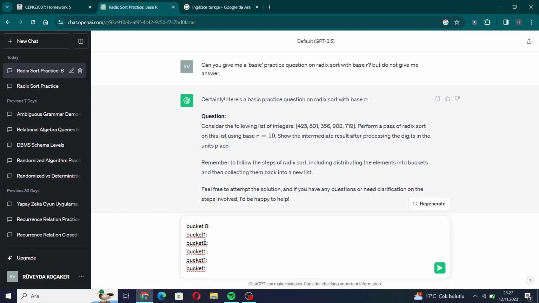Two, three, 4, 5, 6, 7, 8, 9. Yes. Bucket 0 is empty. Bucket 1.